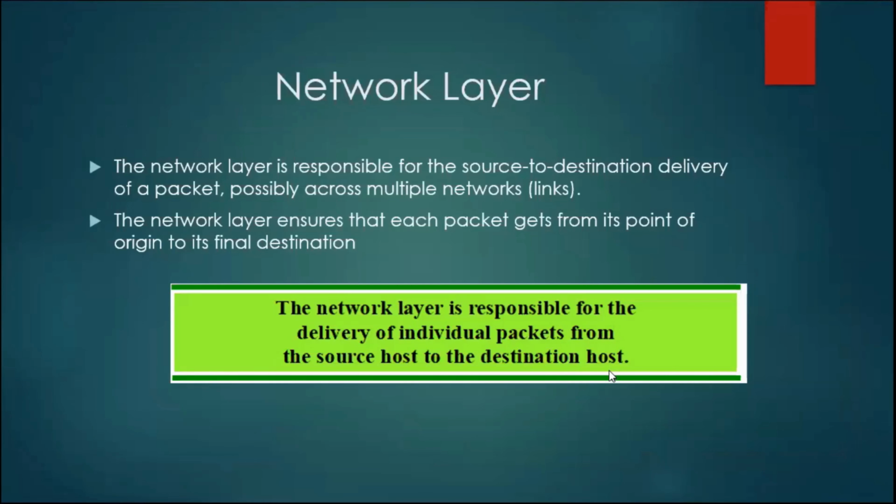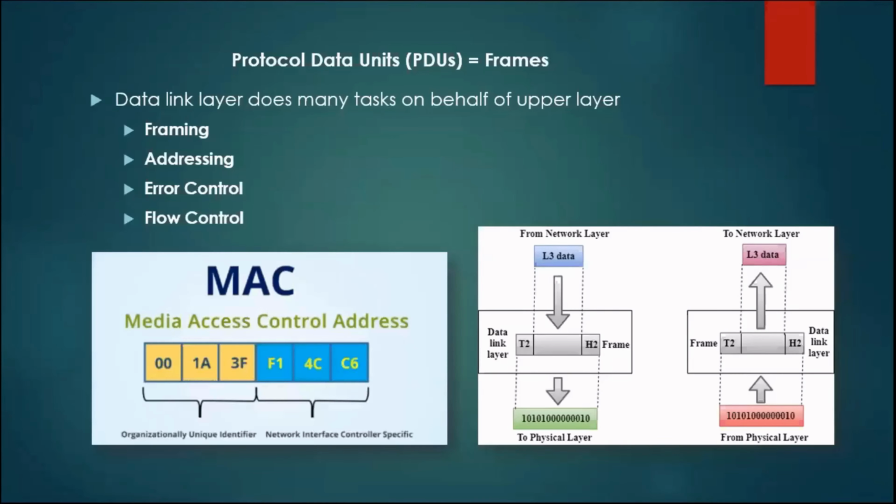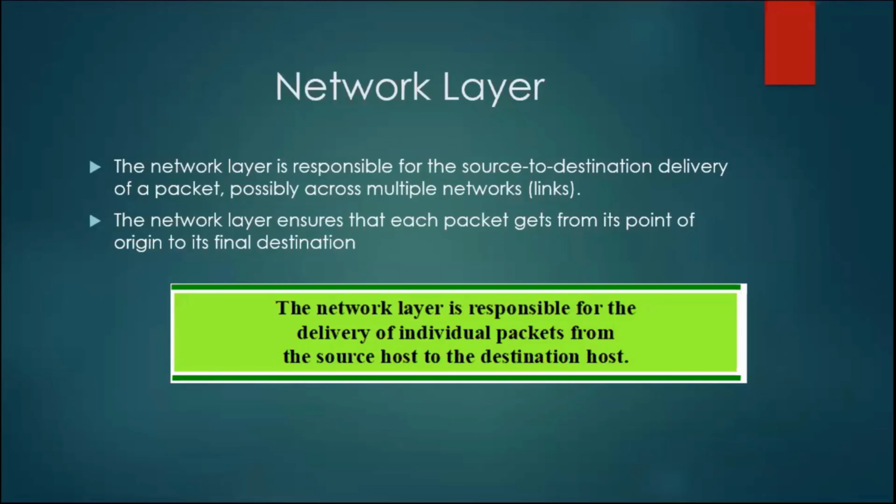Now the network layer. The network layer is responsible for source to destination delivery of packets. The protocol data units, the PDUs, are your packets, correct? The network layer segments the data into packets so that data can be transferred packet by packet, breaking the entire amount of information into smaller pieces for easier transportation across the network.